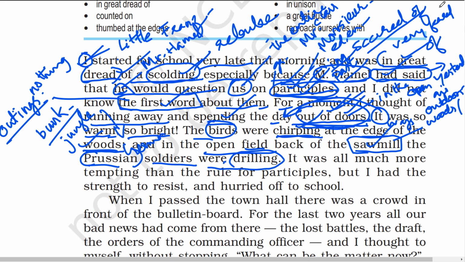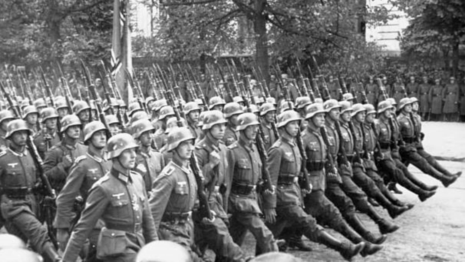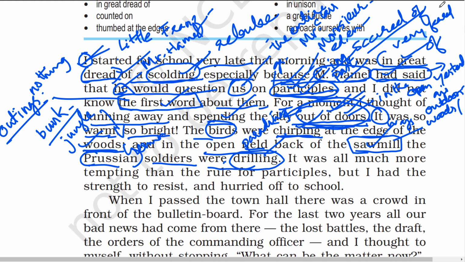Drilling means they were parading. Why are they parading? Because these two districts, Alsace and Lorraine, are now in the hands of the Prussians. They wanted to establish their control there, military control. That is why the Prussian soldiers were seen drilling in the back of the sawmill.